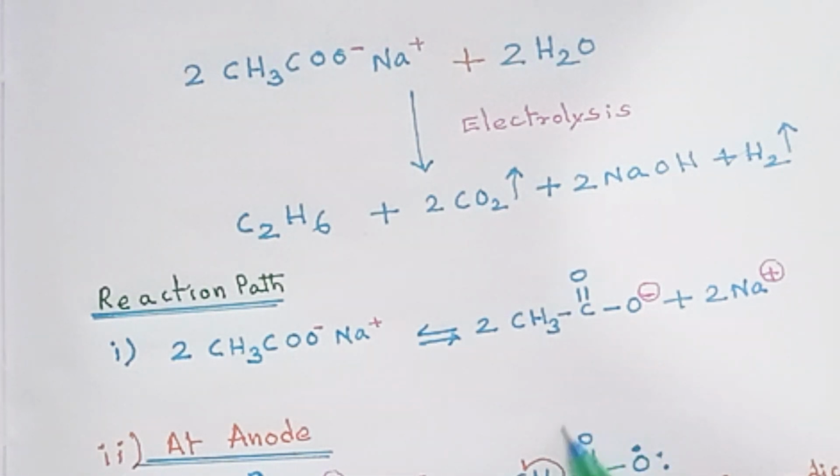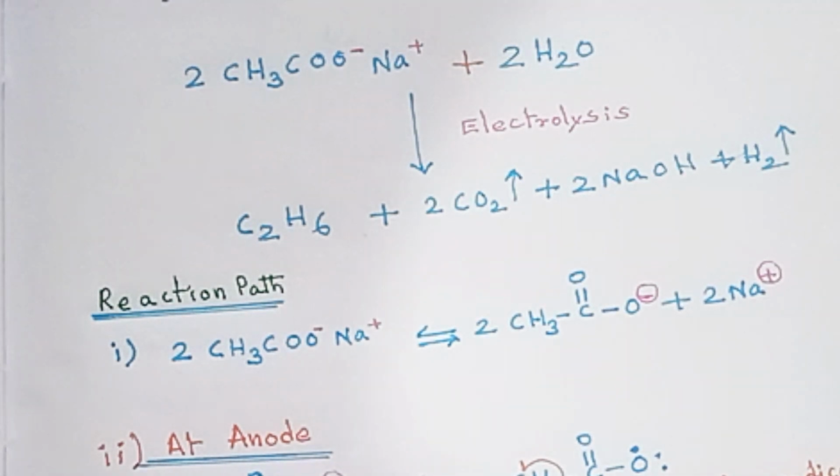And this C double bond O oxygen will combine with the free radical formed on this carbon to form another bond here. So this becomes carbon dioxide. So 2 moles of carbon dioxide are eliminated. This happens at the anode.